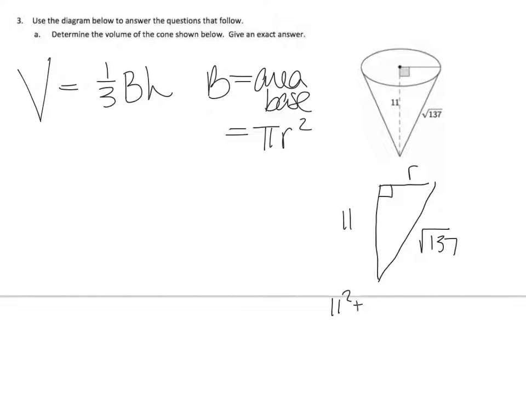11 squared plus r squared equals square root of 137 squared. 121, 137. 137 minus 121 is 16. So r equals 4.